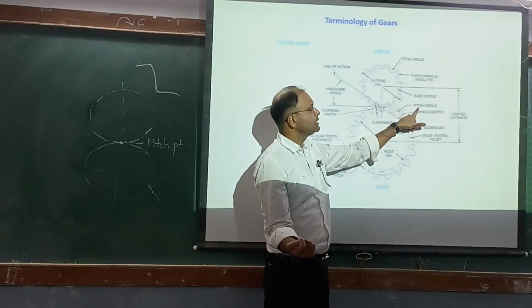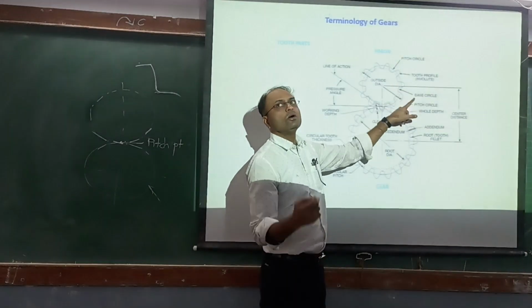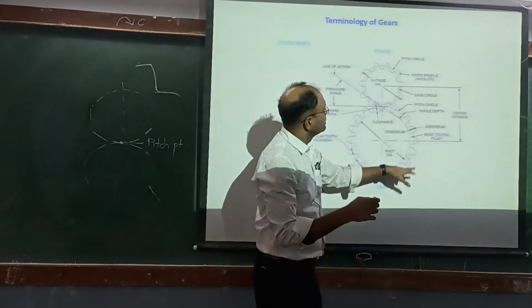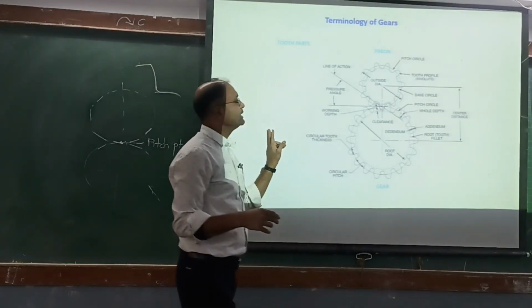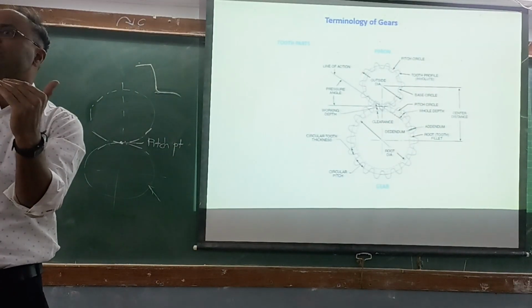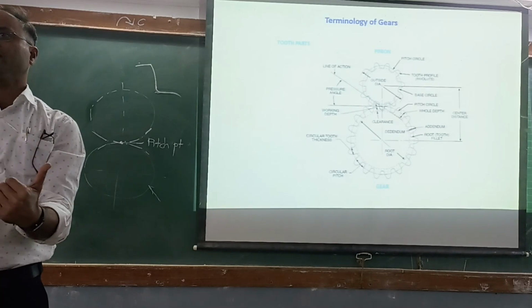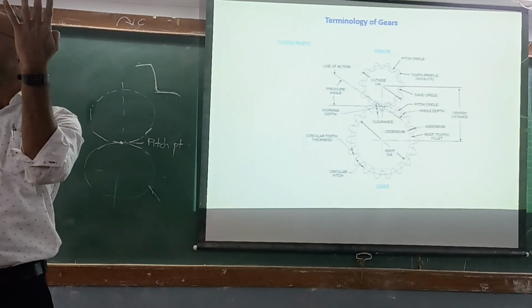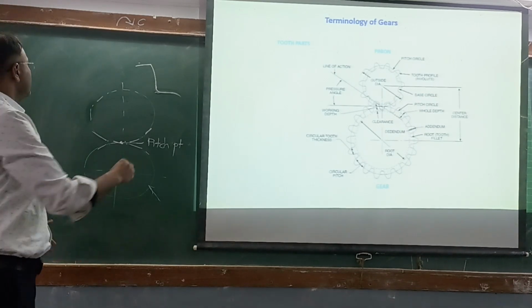The circle inside that is the base circle, and the outermost circle is called the addendum circle. Addendum circle, pitch circle, dedendum circle, and at the bottom the base circle. So how many circles are there? Four. Addendum means the outermost one.